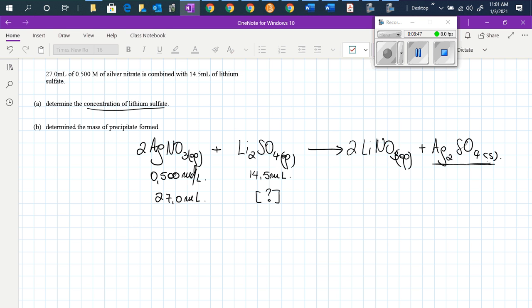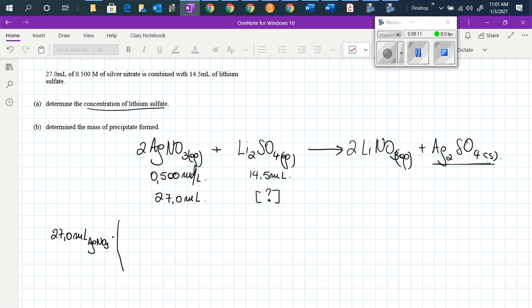Good. Well, as I have said, I usually write the molar masses, but let's not for now. So we'll start with what is given: 27 milliliters of silver nitrate.